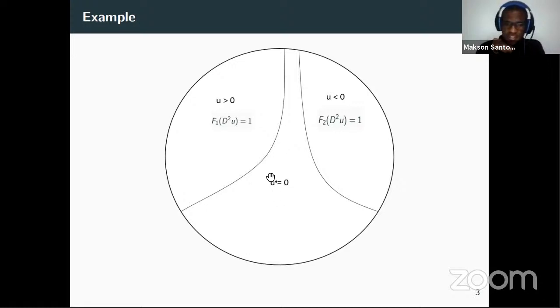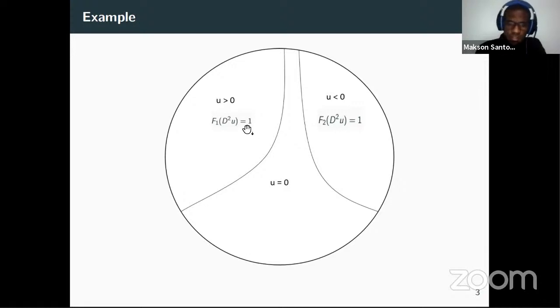But the problem is that we don't know a priori the set where U is positive. To know the set, we have to go to the function U, but to get information about the solution, we rely on the equation that once again depends on omega plus and omega minus. This is one of the problems.